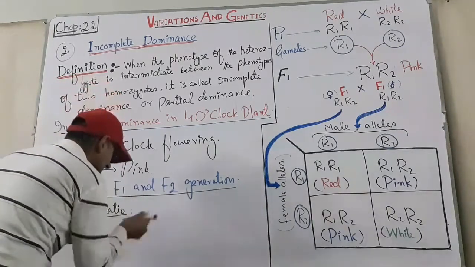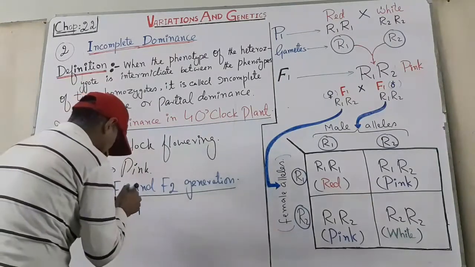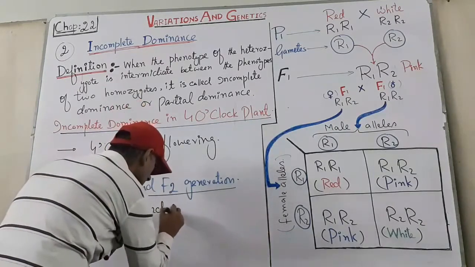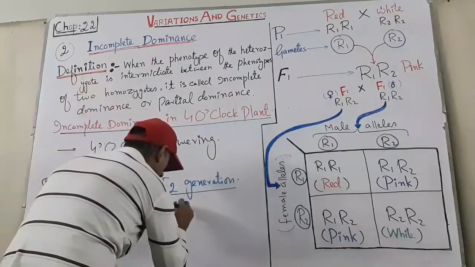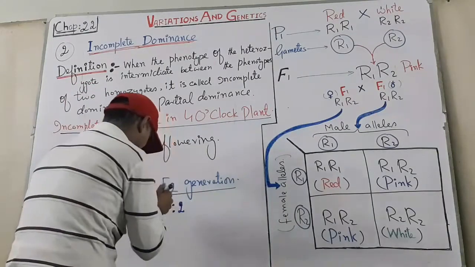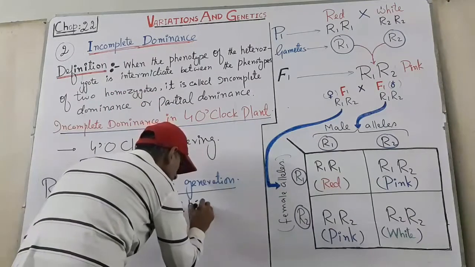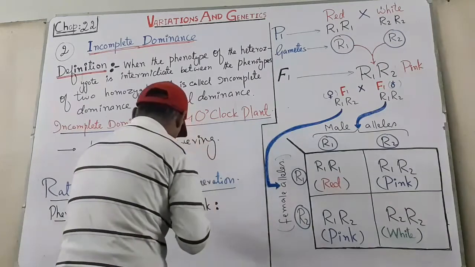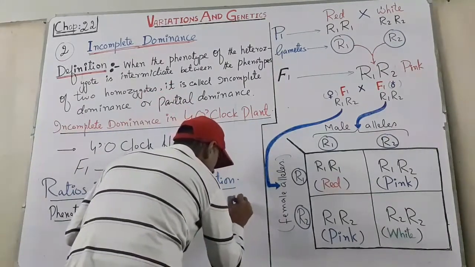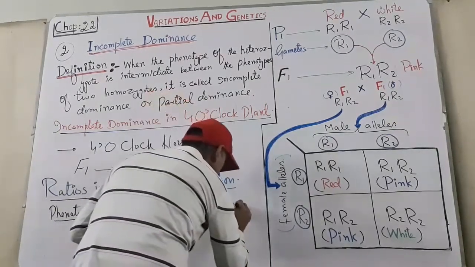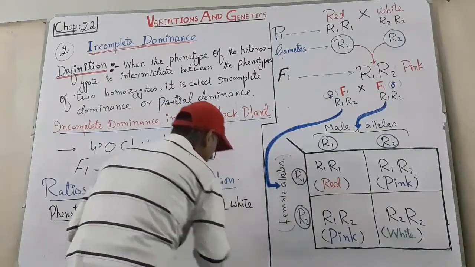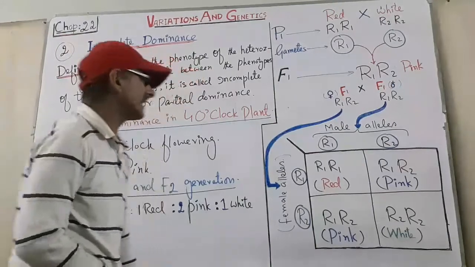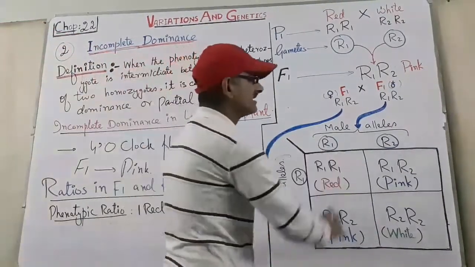It is 1 red, 2 pink and 1 white. This is the phenotypic ratio of the F2 as shown in the Punnett square.